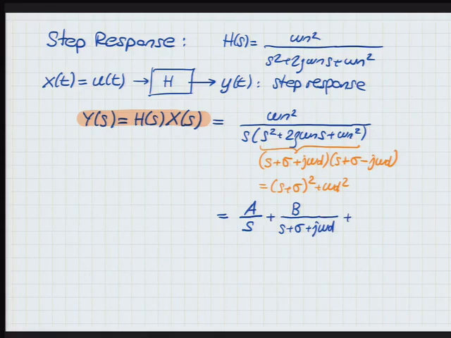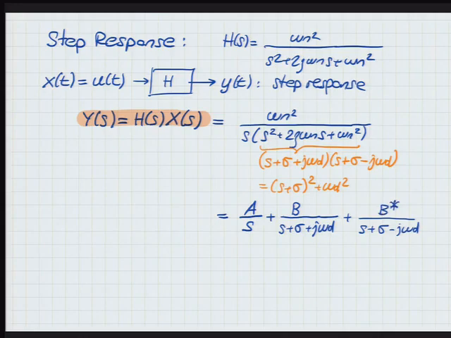And then another number for the other pole. But now look at these two poles. They are complex conjugates, right? For a transfer function, when you're doing this partial fraction for complex conjugate poles, the coefficients have to be complex conjugates of each other as well, all right?